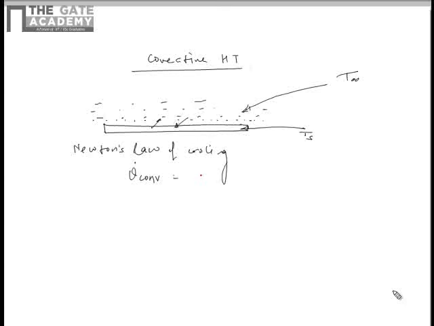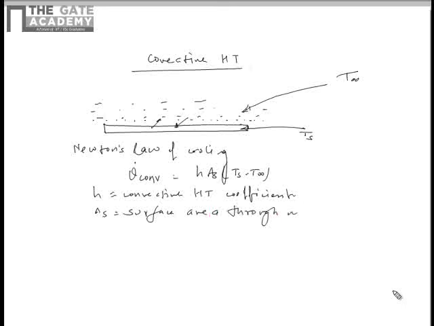So q dot convection is nothing but h A (Ts minus T infinity), where h is the convective heat transfer coefficient and A is the surface area through which heat transfer is taking place.